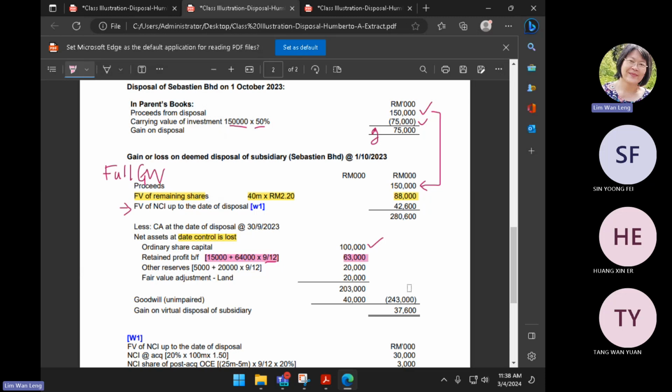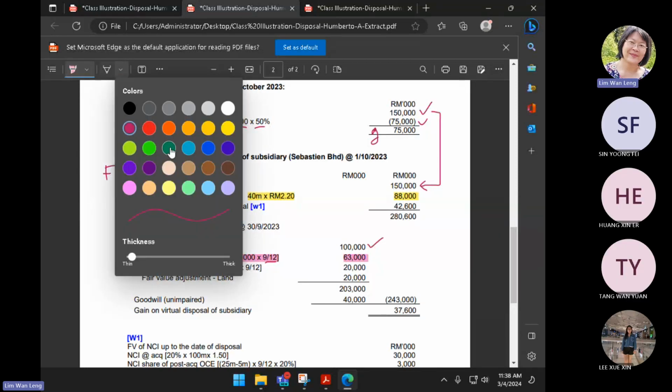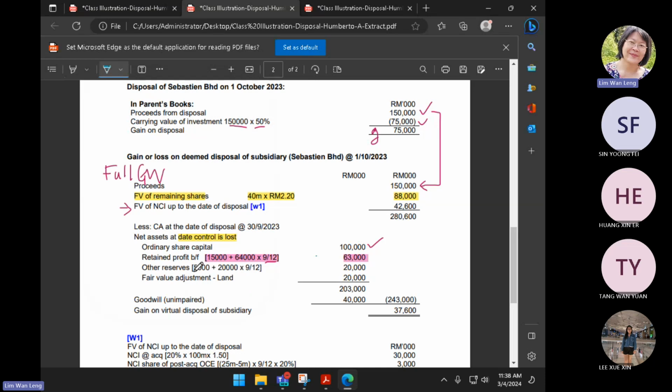Then other reserves, you also do the same. Okay, in your OCE, you have 5 million from the pre-acquisition, which is on the date that you acquire the interest in the sub.